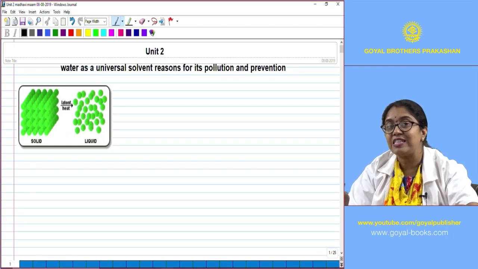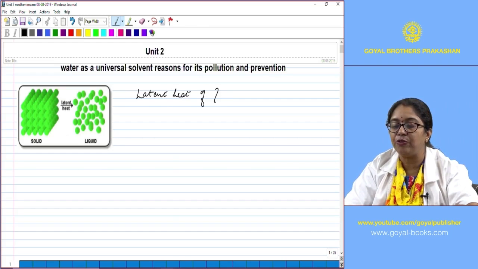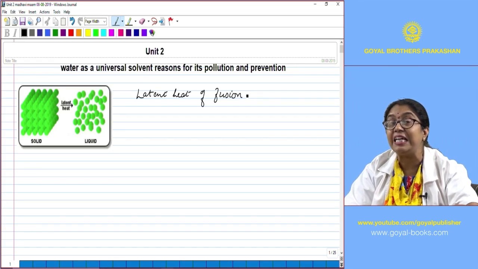This heat energy used to overcome the intermolecular forces of attraction is known as latent heat of fusion. Latent heat is also known as the hidden heat because though we are supplying the heat energy, it is not showing any increase in the temperature.